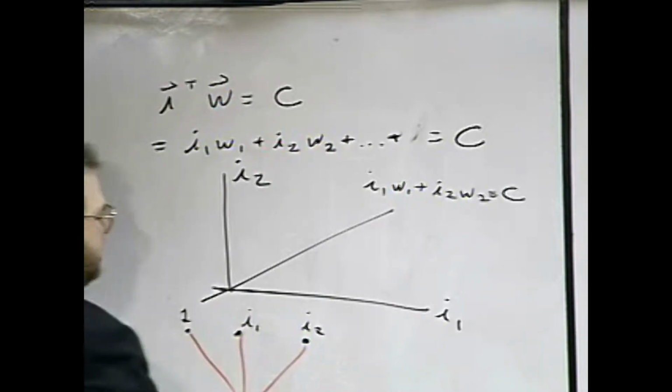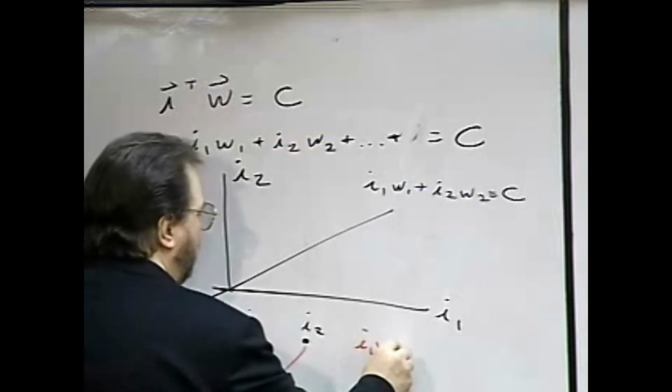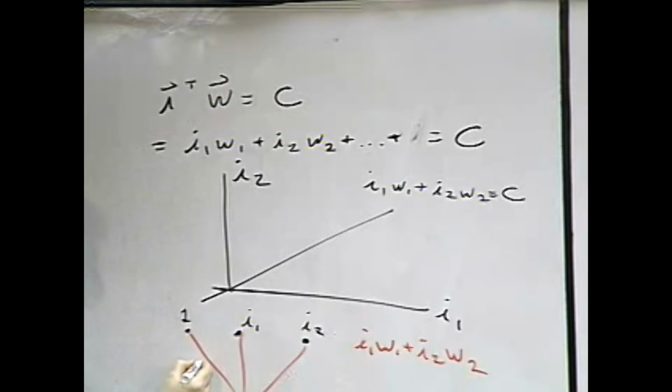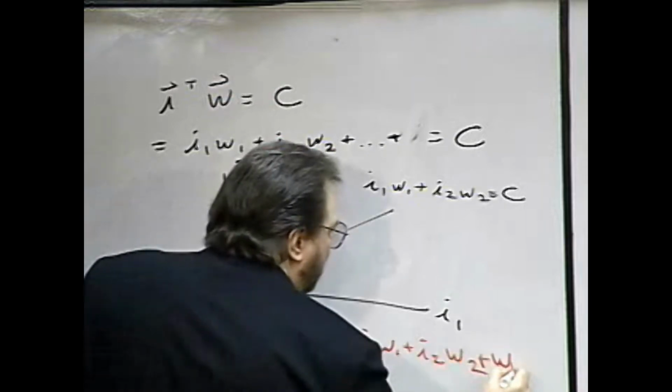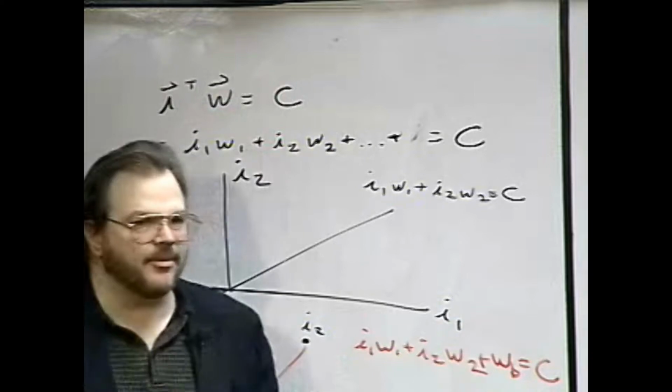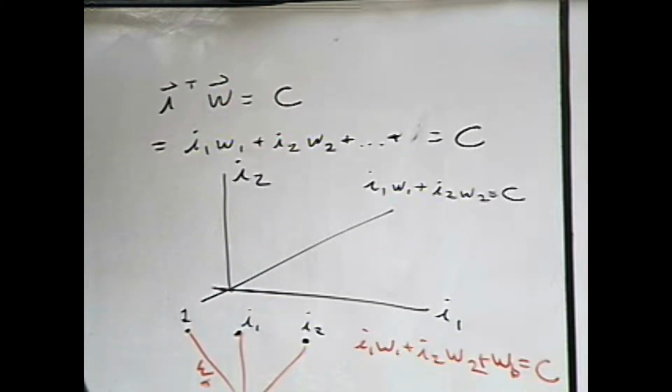In this case, we're going to have I1 W1 plus I2 W2 plus this is going to have a weight, let's call it W sub B. This is going to be plus W sub B is equal to a constant, this constant being determined by the threshold which is applied at the neural network.